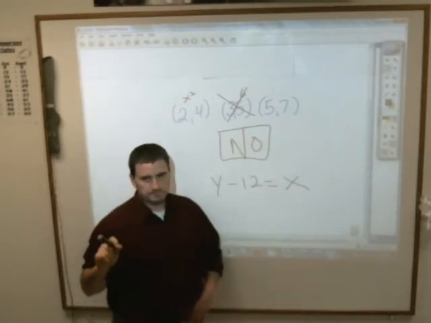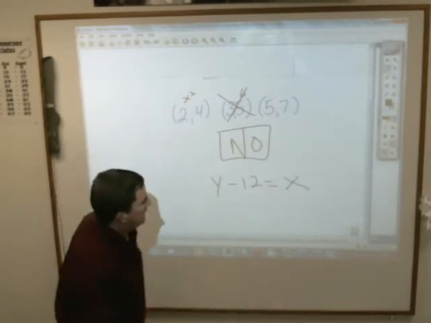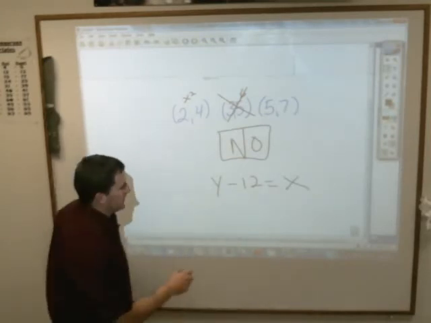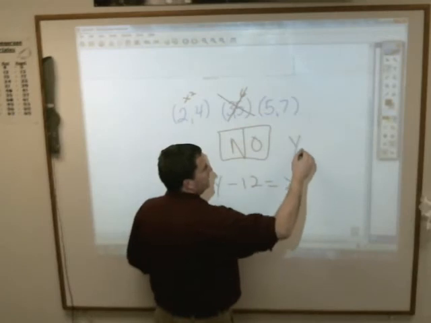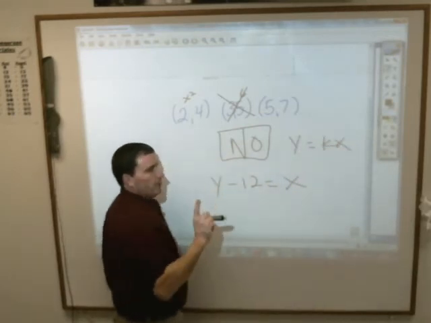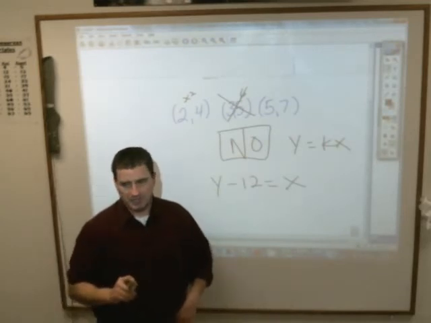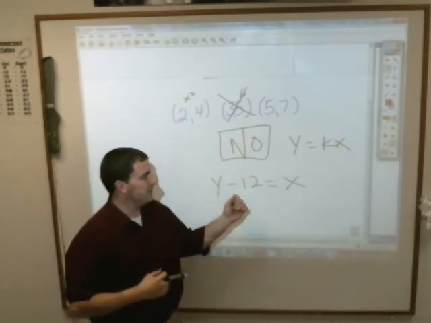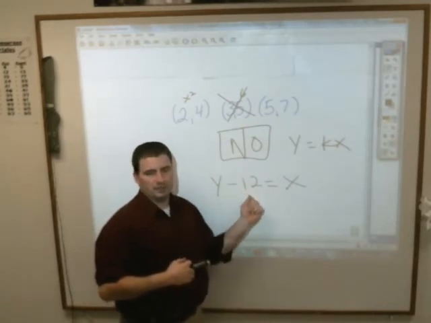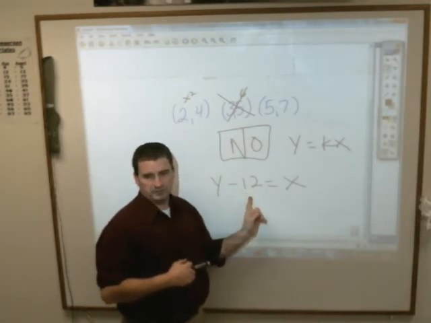Remember, the equation for direct variation has to look like this: y equals k times x. Nowhere in that equation do you see an addition or a subtraction sign. If you see an addition or subtraction sign in your equation, it can't be direct variation because this line will never go through the origin.